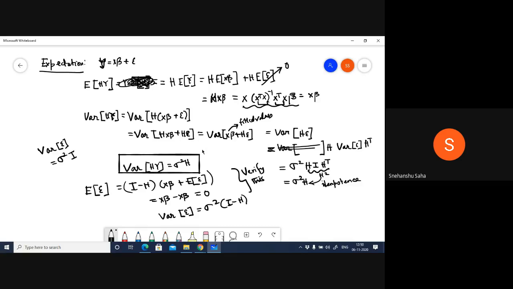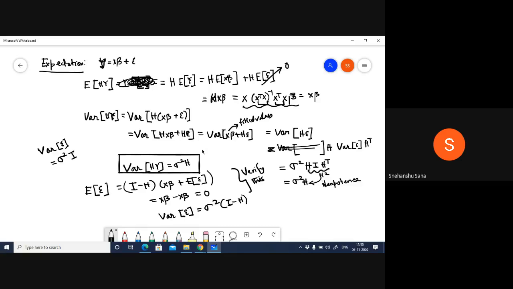But what's the point? The point is the variance of each residual. If I see here, the variance of each residual is not quite sigma squared now, unless H is a diagonal matrix, which we do not know. The residuals are also not uncorrelated with each other.